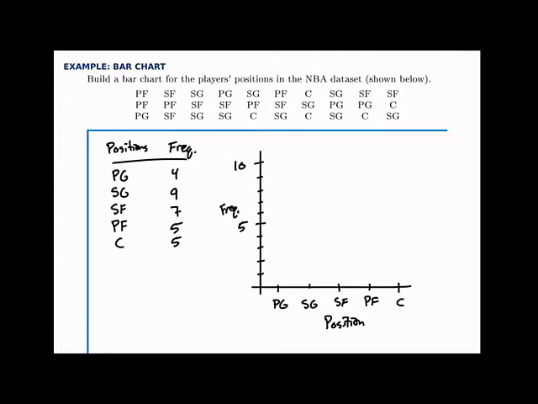So rather than having the bars connect like they would with a histogram, with a bar chart, since we're thinking of these as separate categories, they're not ones that flow into one another, we'll draw the bars with some separation. So at the point guard position, we'll draw a bar that goes up to 4, since there are 4 of those. And then at the shooting guard position, we'll draw one that goes up to 9. Small forwards have a frequency of 7.